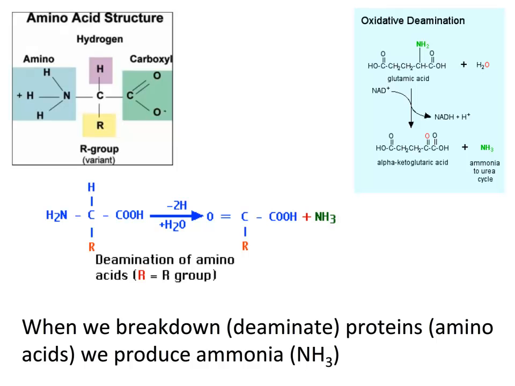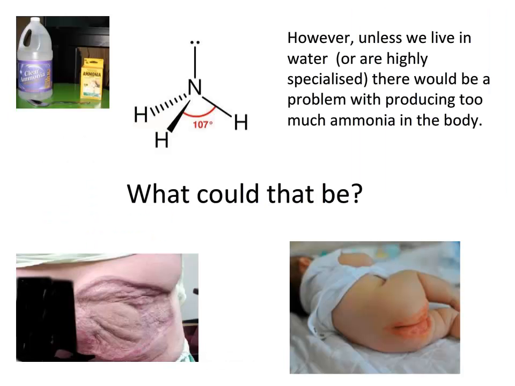But there's probably going to be a problem with ammonia, and before you move on, what is the problem going to be with ammonia? Well, the problem with ammonia is that it's highly toxic, okay, or corrosive I should say. So here we've got someone who's got an ammonia burn on the bottom, and here we've got what's familiar to anyone who's a parent, nappy rash on a baby's bottom, and that's basically because they sit in sodden nappies, so the ammonia irritates the skin.